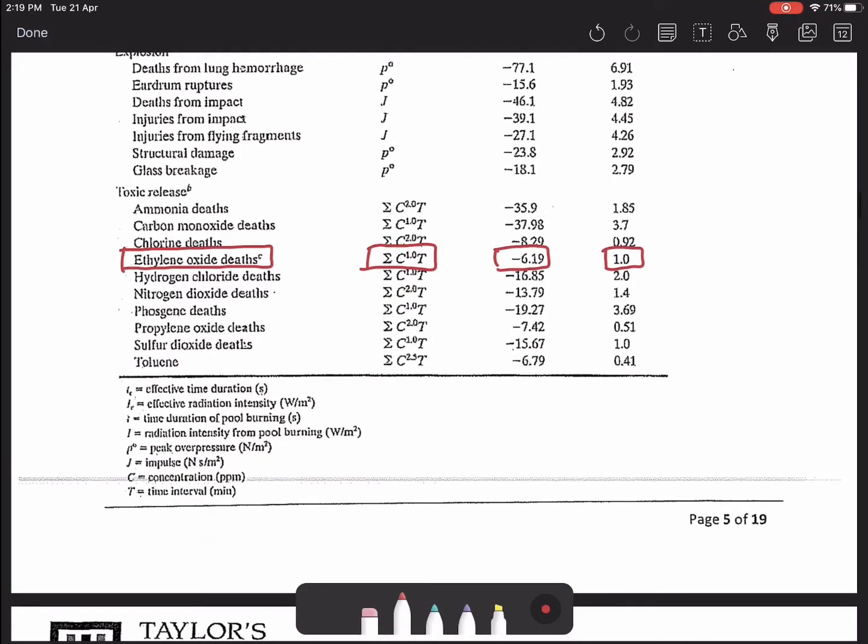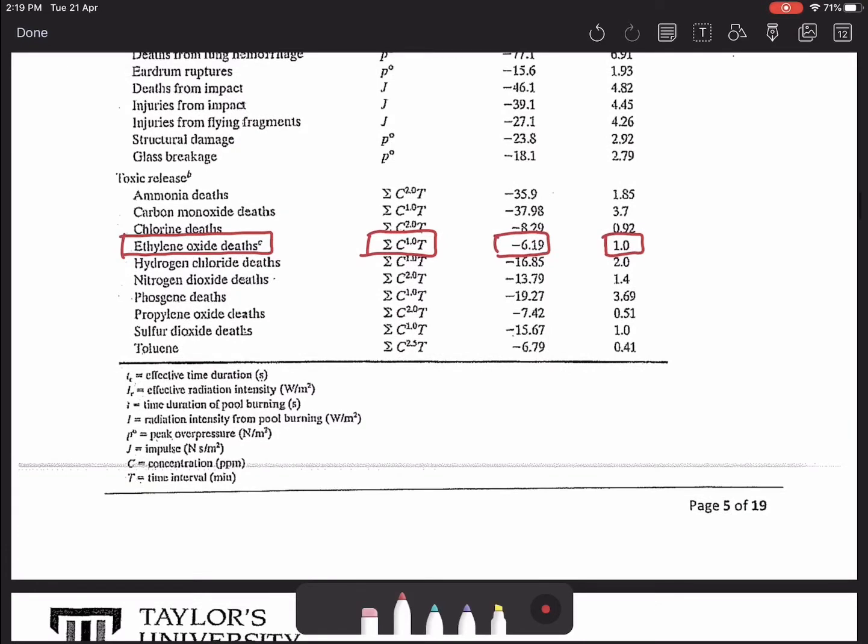In case you're wondering what C and T are, you can go all the way down here and you'll find it written here. C is for concentration in ppm, and T is the time interval or time of exposure in minutes.